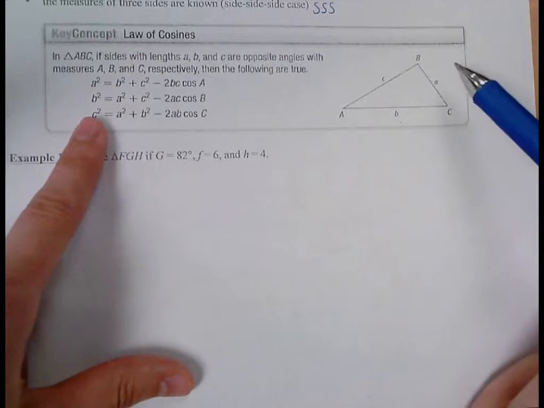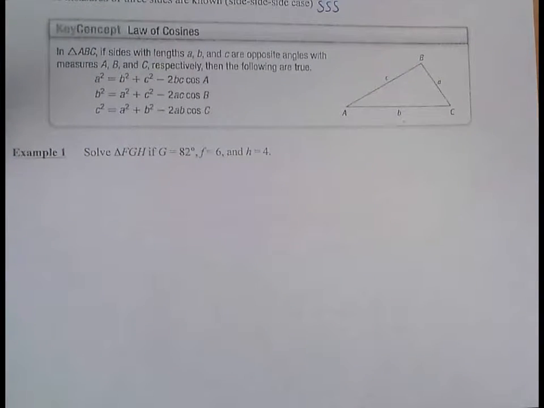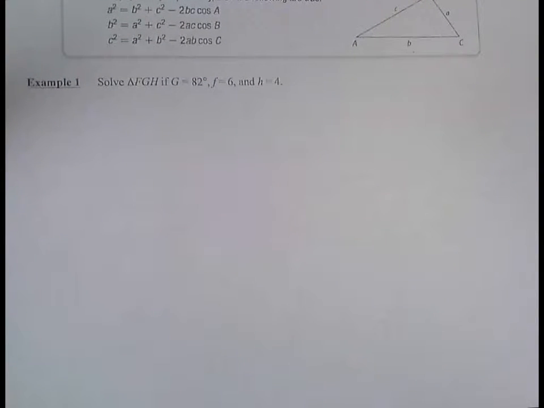That's the same variation for the rest of these, but it depends on which angle you're referencing in the problem. So we're going to apply this formula, and then there will be some questions.